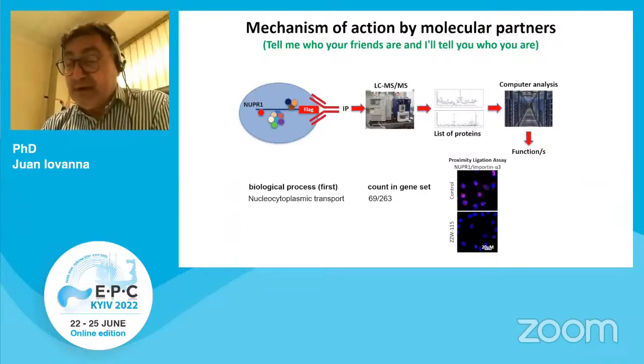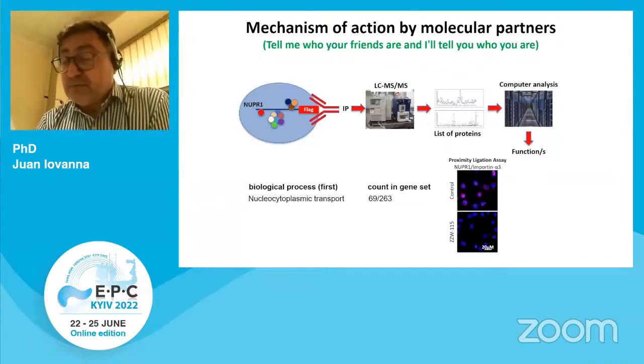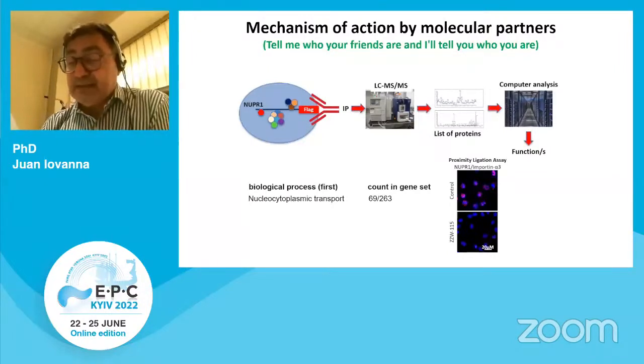Surprisingly, we found that 69 proteins were identified as involved in nuclear transport, and 263 were proteins with nuclear function. Among the proteins that interact with NUPER1, we find importins, which are transporters of nuclear proteins from the cytoplasm to the nucleus.